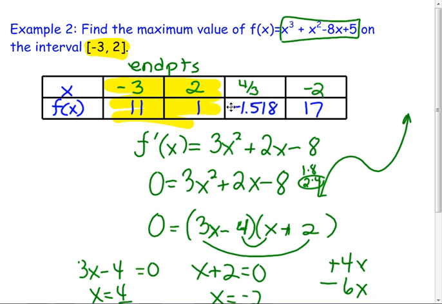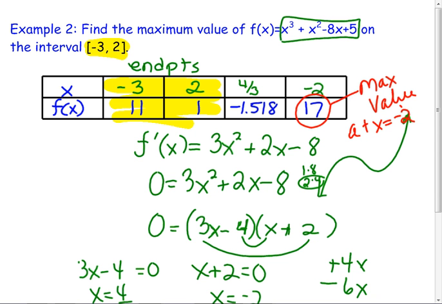Okay, what's the maximum value? You have to be clear. Here's what you can do. You can write maximum value at x equals negative 2, but you have to make it clear to the reader that you know which is which. You can't just say it's 17. You can't just give them the ordered pair either, by the way.